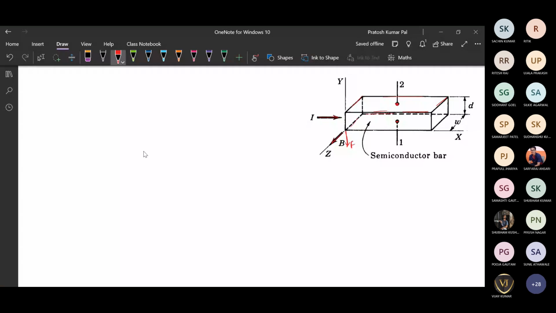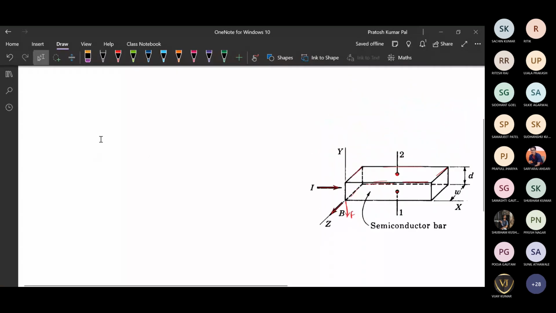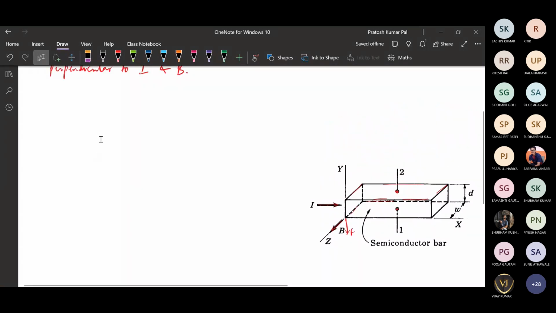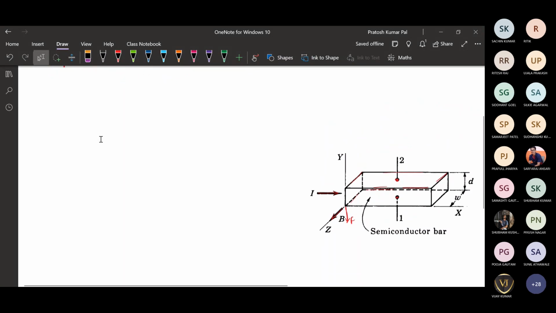Then based on the potential across surfaces 1 and 2, different parameters will be defined. So once we have done this experiment, some observations will be obtained, and based on that observation we are going to find some parameters.